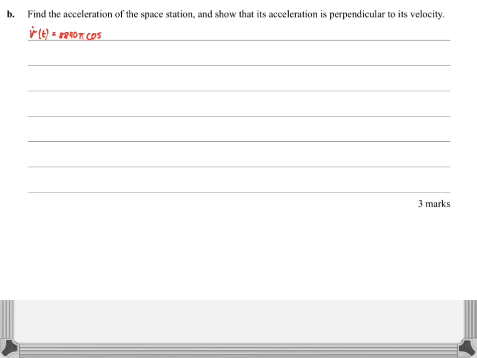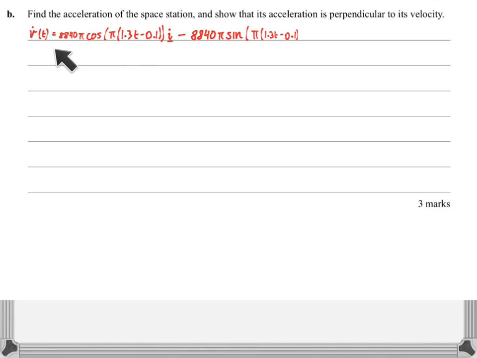Alright, part B. Find the acceleration of the space station, and show that its acceleration is perpendicular to the velocity. From the position vector we first have to get the velocity vector. So just doing the derivative on your CAS, entering each term carefully.